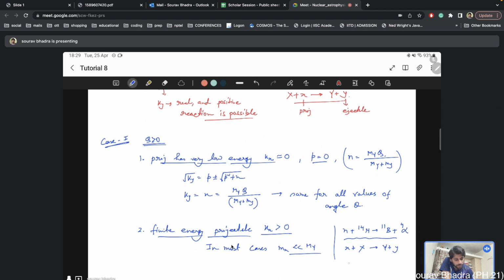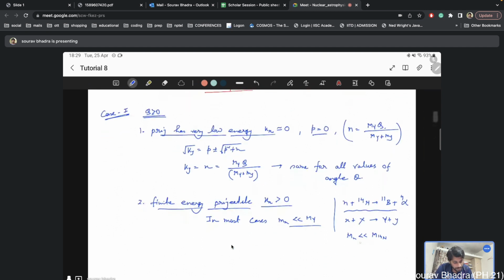The mass of the neutron is very much less than the mass of 14 nitrogen, because there is only 1 neutron, and in 14 nitrogen there are 7 neutrons. So this consideration is valid.